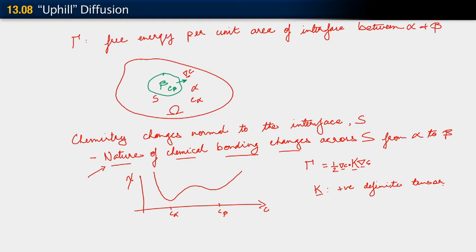Because K is positive definite, it implies that gamma is greater than 0 if there is a concentration gradient.